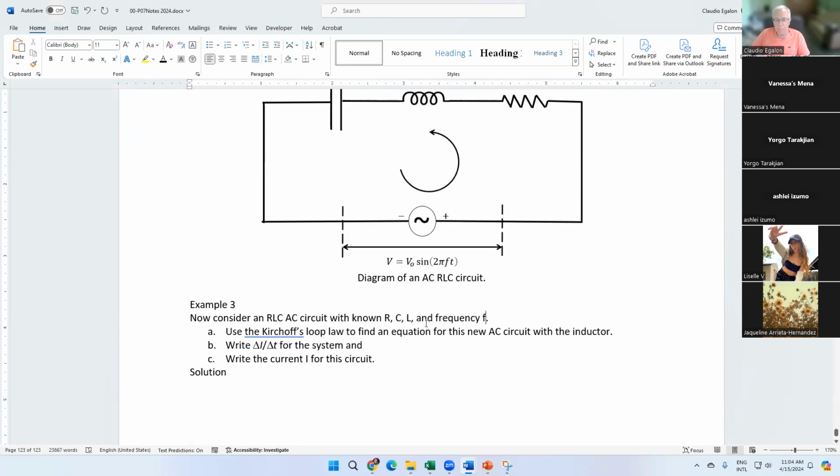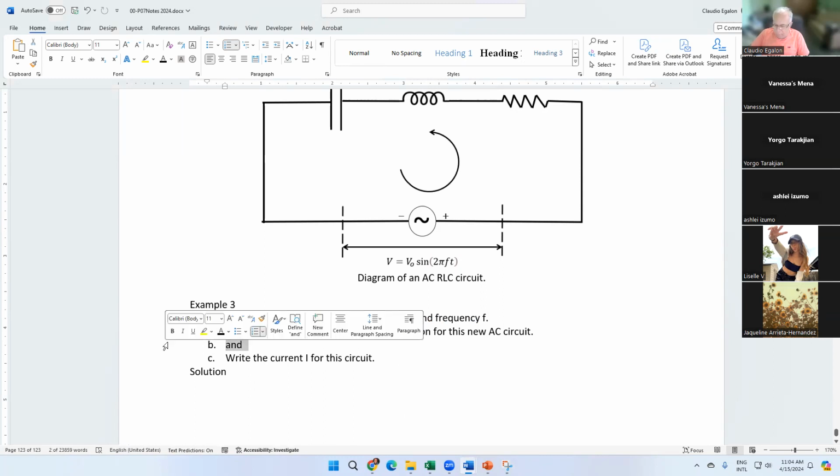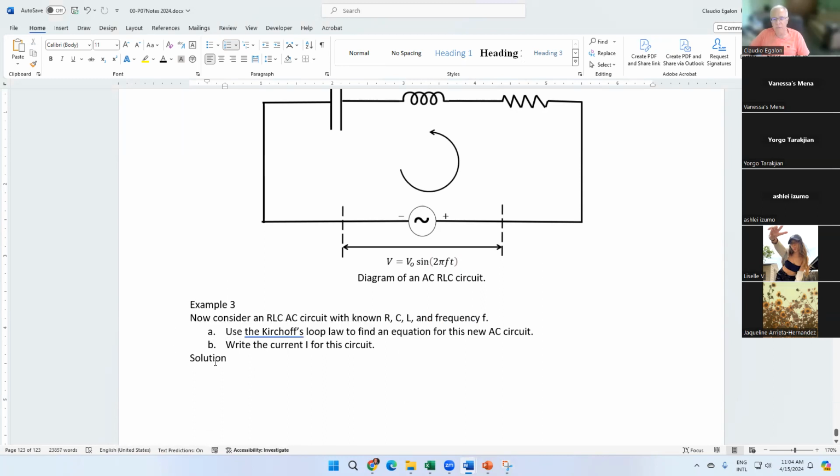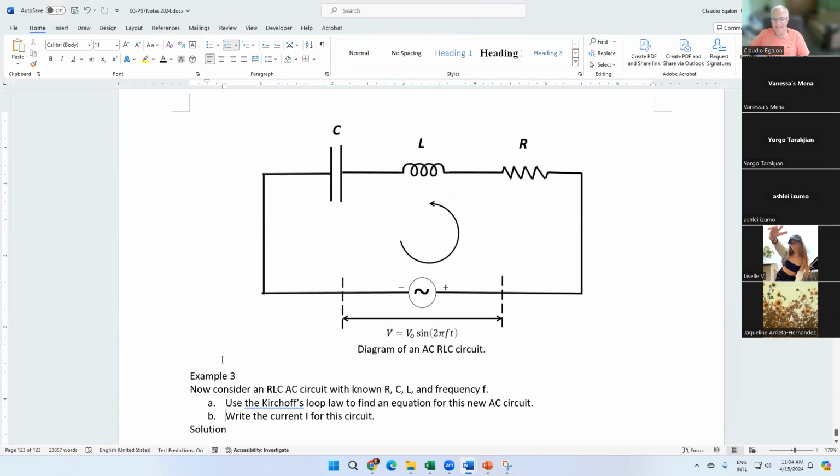Use the Kirchhoff loop law to find an equation for this new AC circuit. Eventually, we will need to write the current for this circuit. That's what we are going to do.